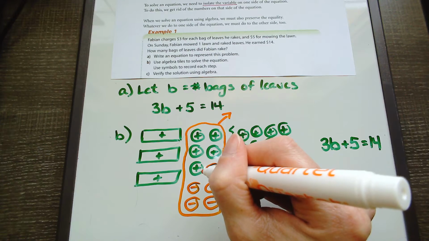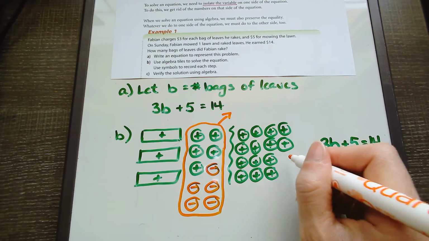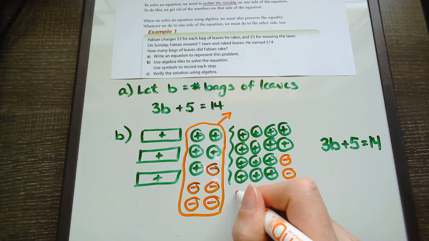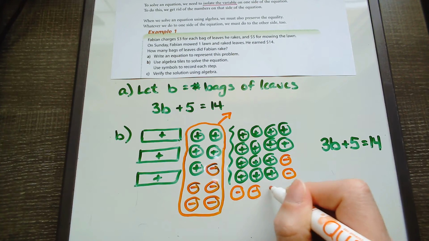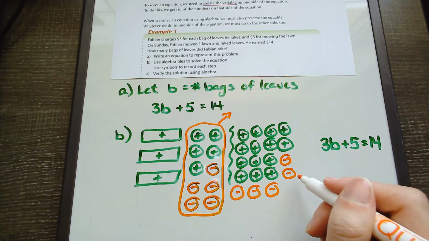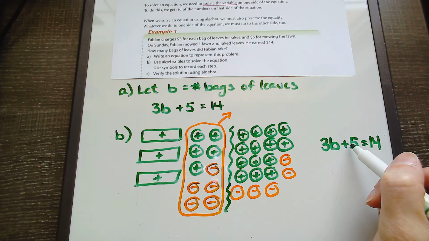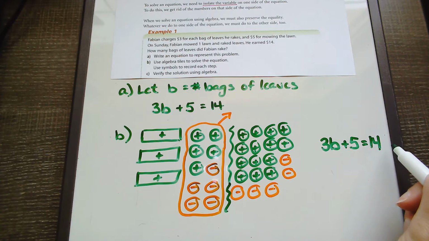Now what I do to one side, I have to do to the other. So I need to have -5 here as well. 1, 2, 3, 4, 5. Good. How am I going to record this algebraically? Well, I added a -5 to this side and a -5 to that side.